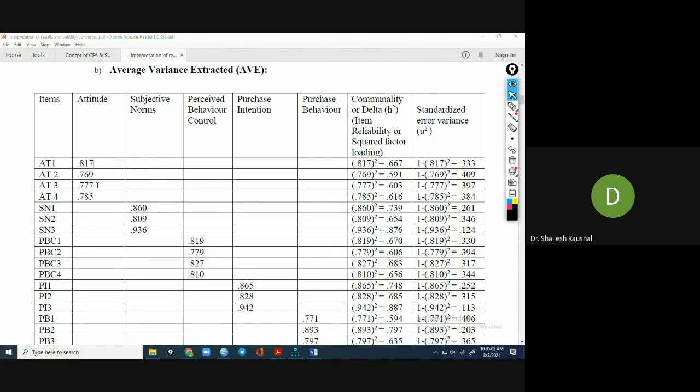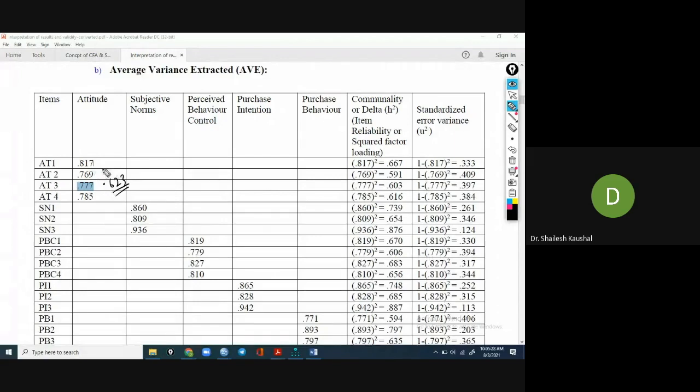It doesn't mean that our model is not good or not fit. For example, instead of 0.777, my value is 0.623. It is less than 0.714.